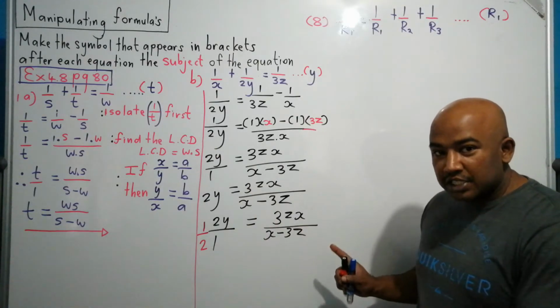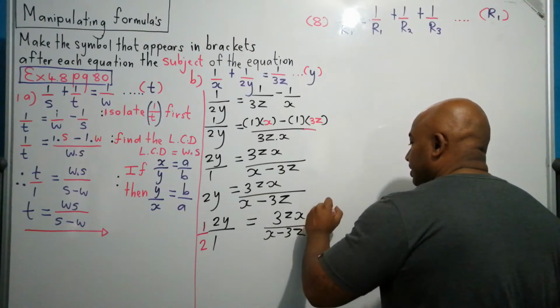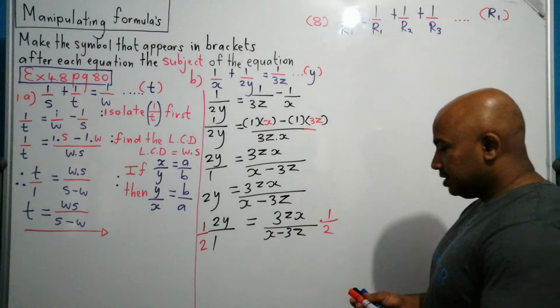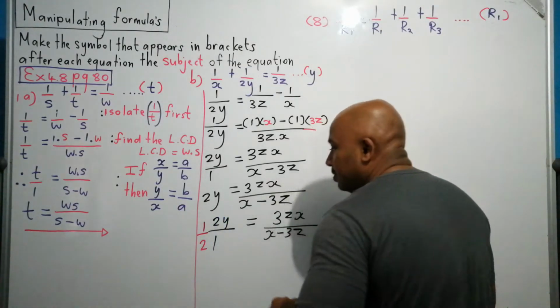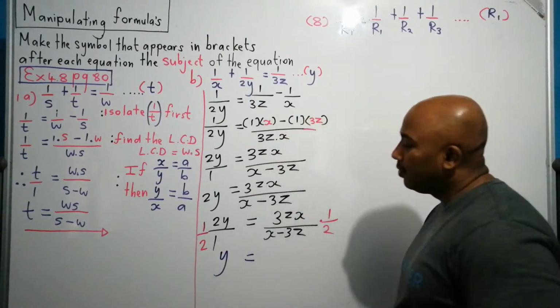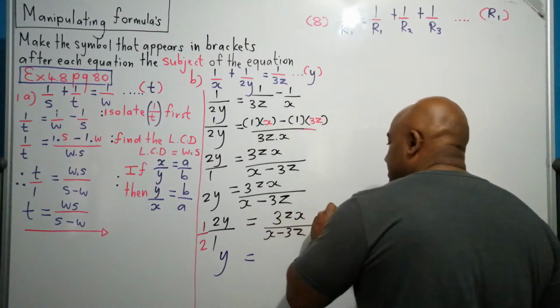Now remember, in an equation, whatever I do on the left hand side, I must do on the right hand side, so I'll multiply by 1 over 2. So now 2 and 2 will cancel, and you end up with y over 1, which is just y. Here you got 3zx times 1.